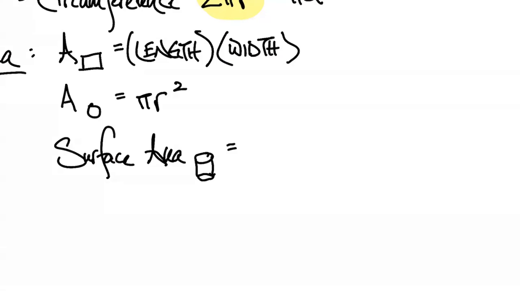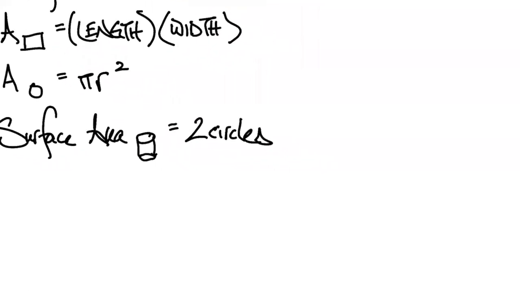And so let's unpack this surface area real quick. If I look at the surface area of a cylinder, I know that there are two circles. In fact, there's a top circle and a bottom circle, right? So the top and bottom, there's each a circle. And then around the side of the can, like where there might be a label for a can, what shape is that?